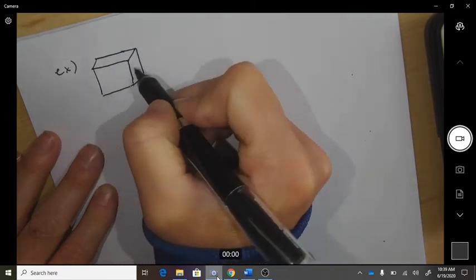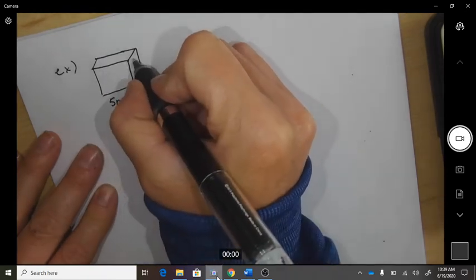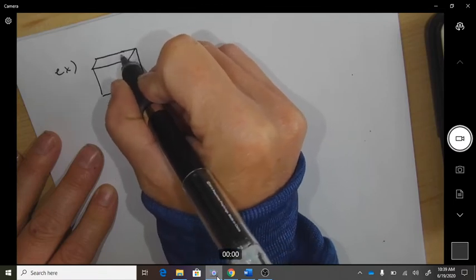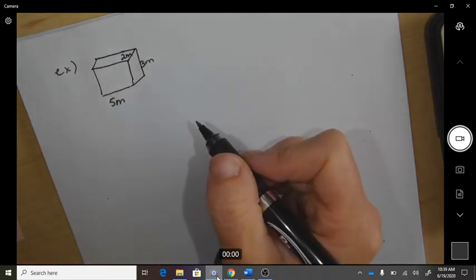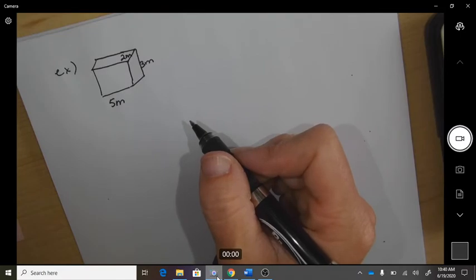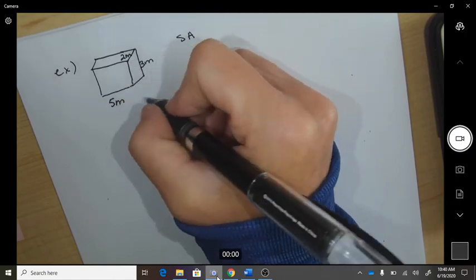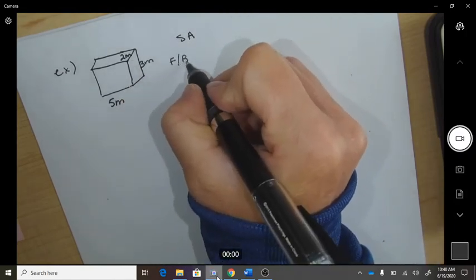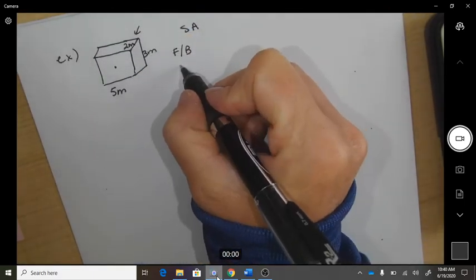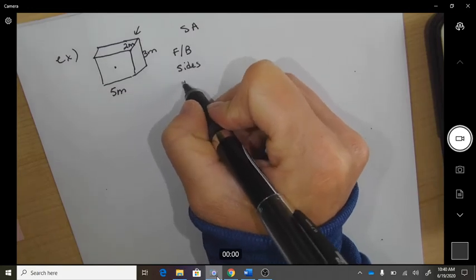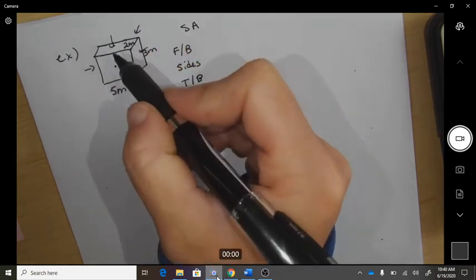Okay, a box. I'm going to give you that this is 5 meters, this is 2, and this is 3. Surface area. If you paint this, here's what we're going to do. We have 6 sides: the front and back, the sides, and then the top and bottom.